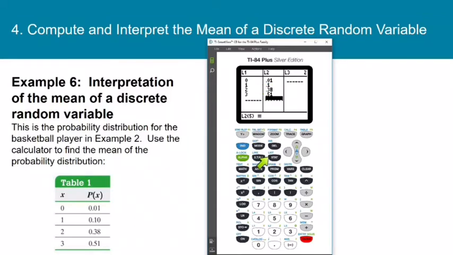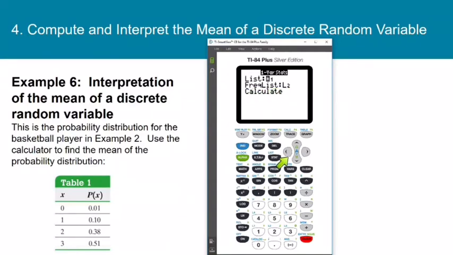So now all we have to do is click Stat, arrow over to Calc, and you may remember this again from section 3.3. And we want to do one variable stats. This is the new operating system where I'm going to tell the calculator that my list is list 1, but my frequencies are in list 2. And even though they're probabilities, it will still work.